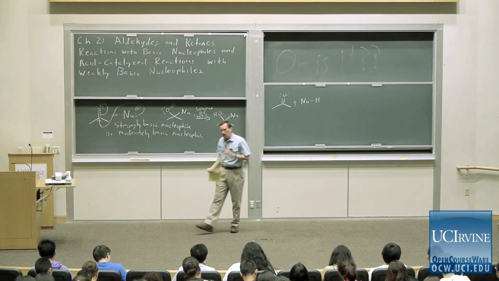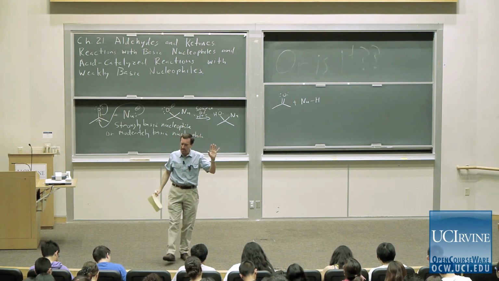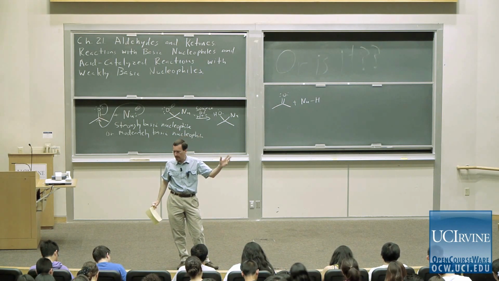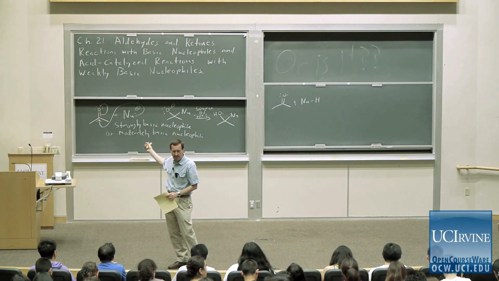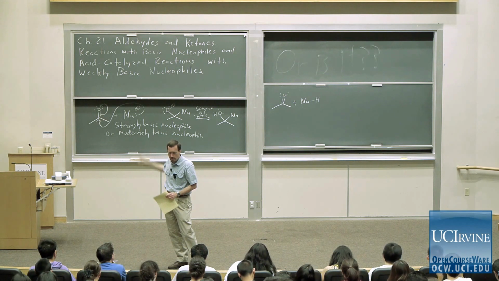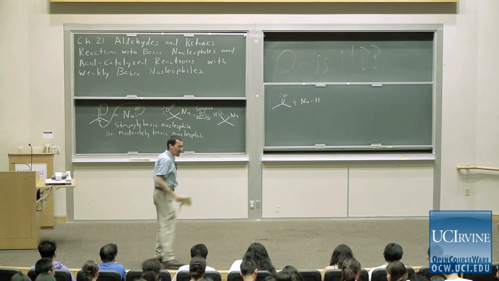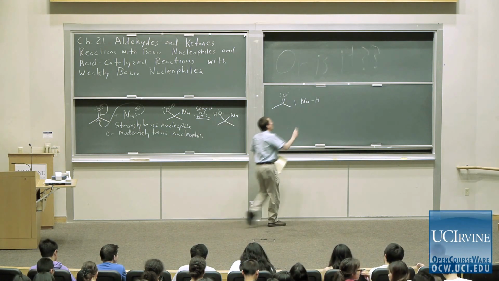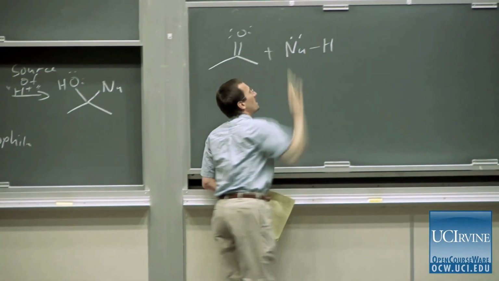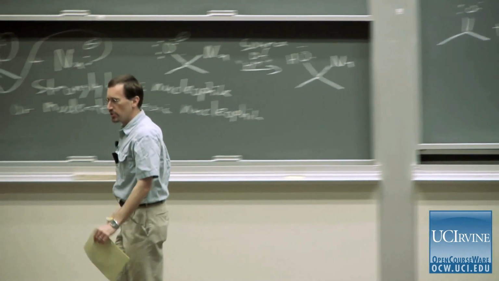And again, it's a little hard to generalize, but let's envision some species that in general is not going to have a negative charge. Not all strongly basic nucleophiles have negative charges, but many of them do. Not all weakly basic nucleophiles don't have negative charges, but let's say in general they don't. And we'll envision that that nucleophile still has an electron pair to share.